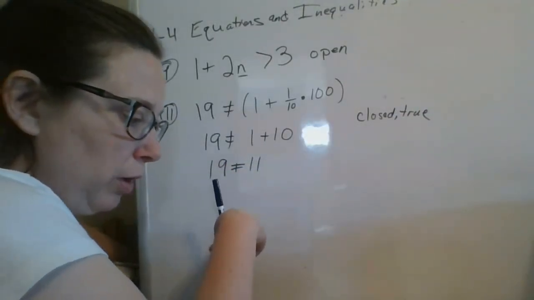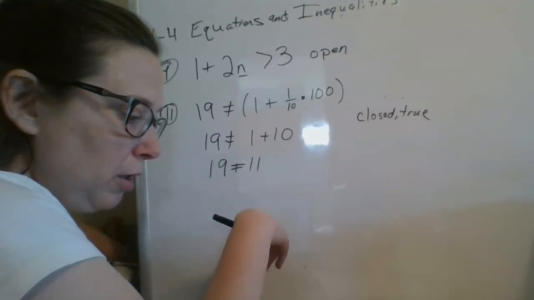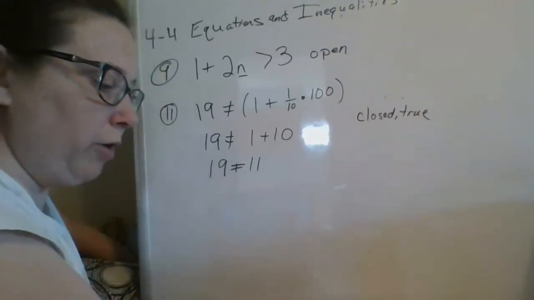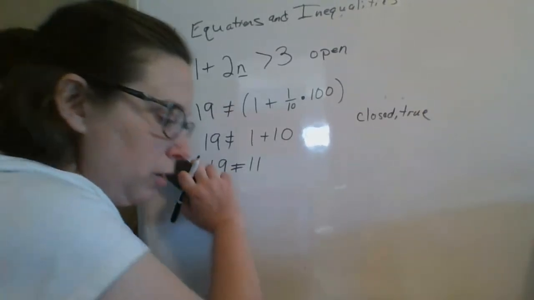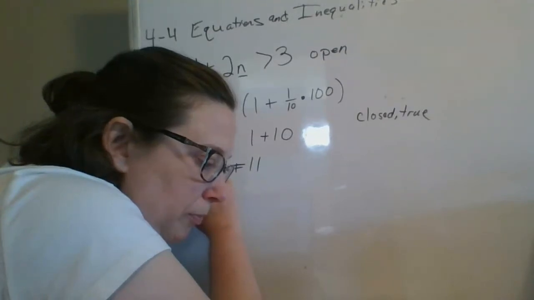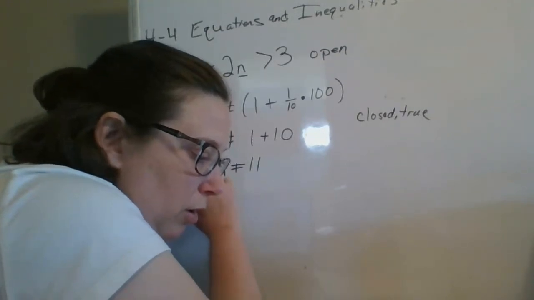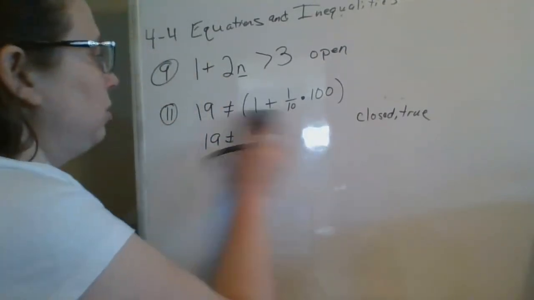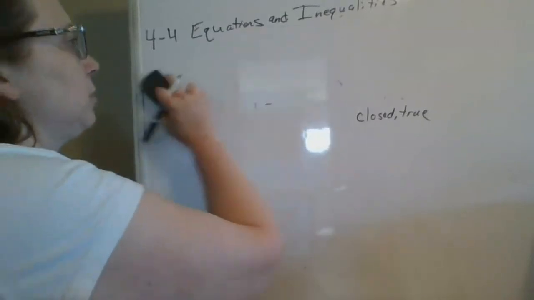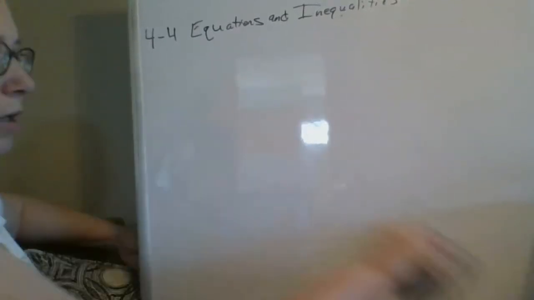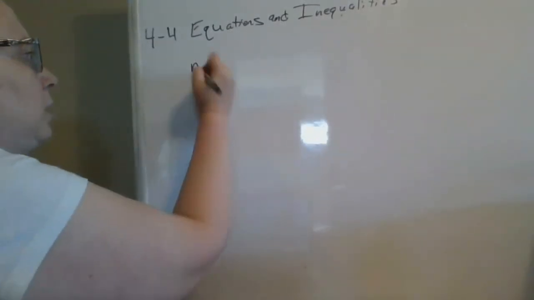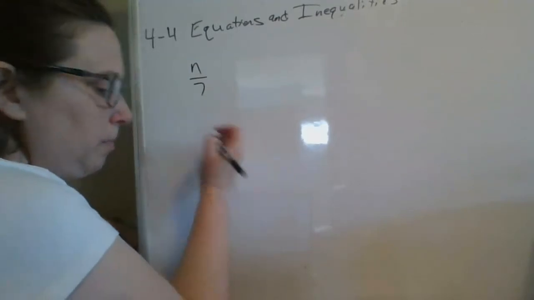The last one is number 13. 13 says the quotient of a number divided by 7. So a number is n divided by 7.